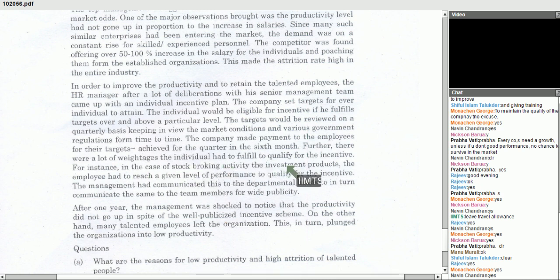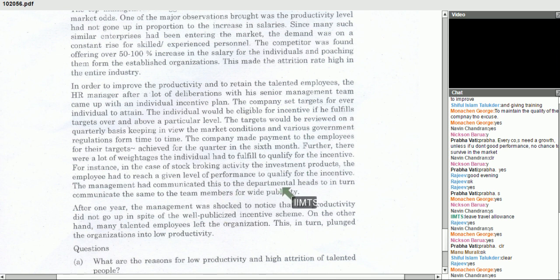For instance, in the case of a stockbroking activity, for the investment products, the employee had to reach a given level of performance to qualify for the incentives. Now they are trying to motivate the employee by giving them performance-based incentives. If the performance is very good, they can earn more.